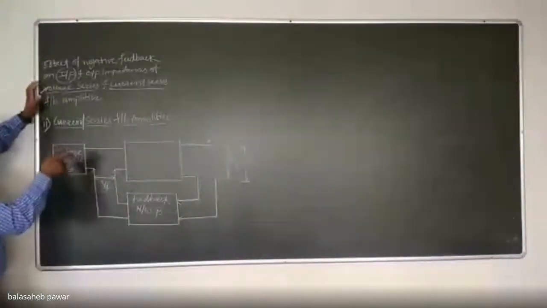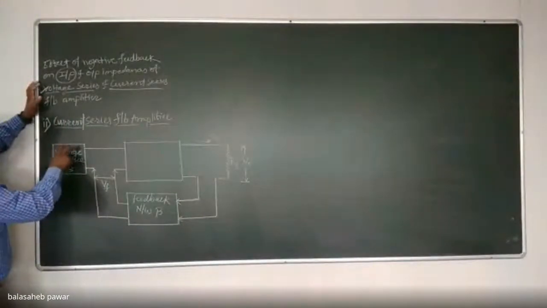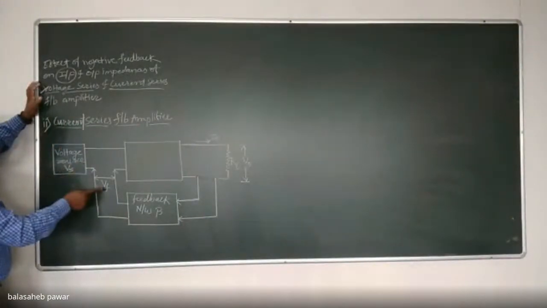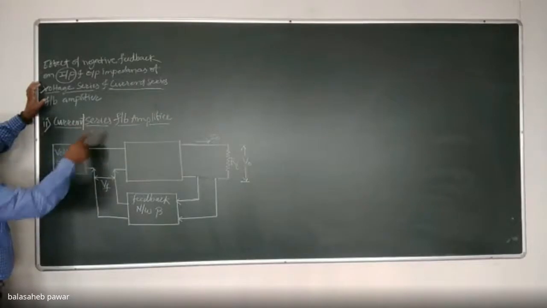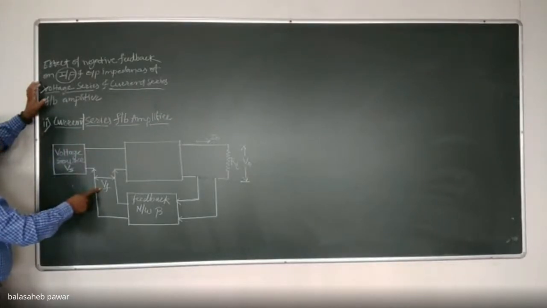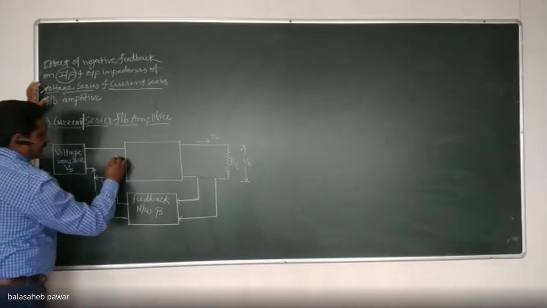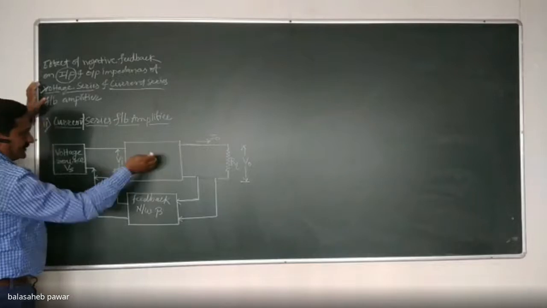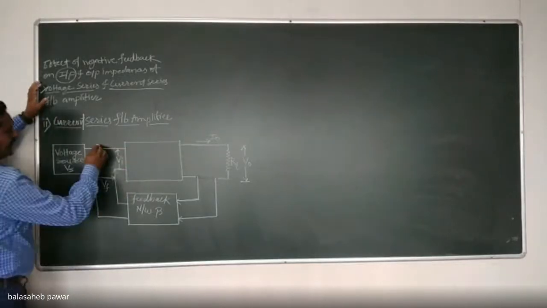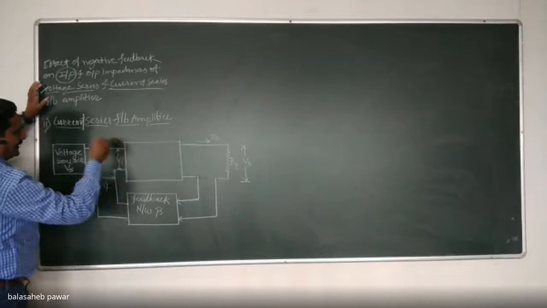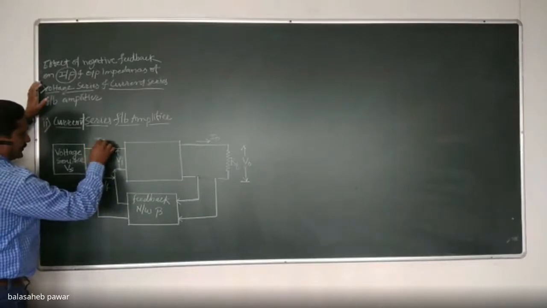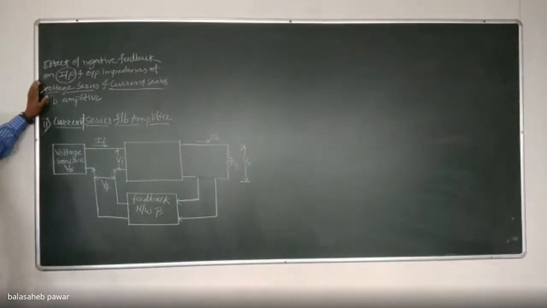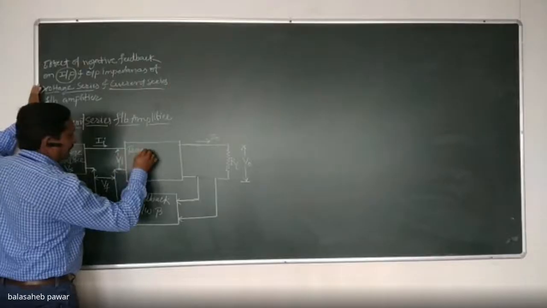The signal source is a voltage, and as the mixing is in series, the feedback signal is also a voltage. Hence, the input to the basic amplifier is voltage and its output is current. So the basic amplifier will be a transconductance amplifier.